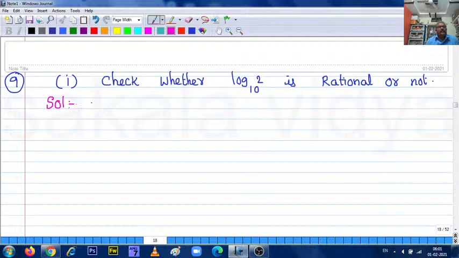Solution. Let us follow the contradiction method. Let us assume that log 2 base 10 is rational.